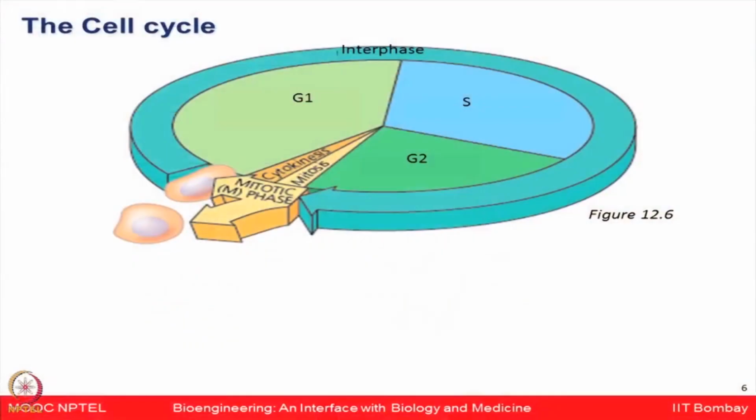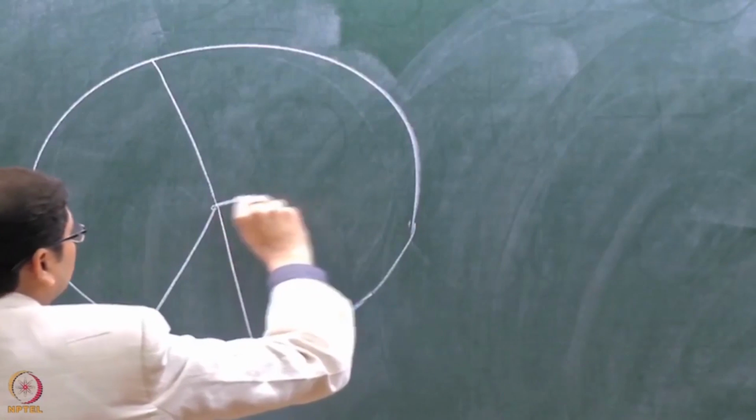In the cell cycle, the mitotic phase alternates with a large growth phase which is the interphase. Now, this entire cell cycle could be divided into multiple phases. Let me go to the board and draw the cell cycle.